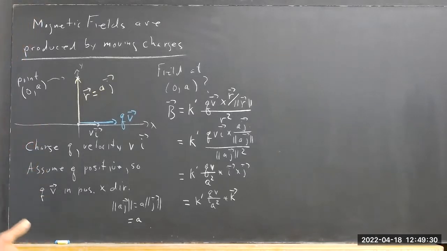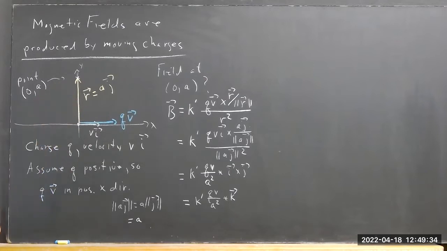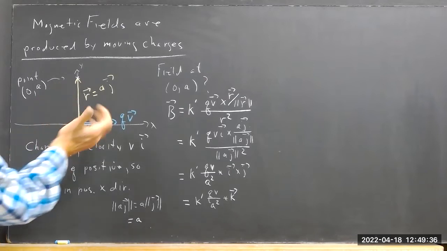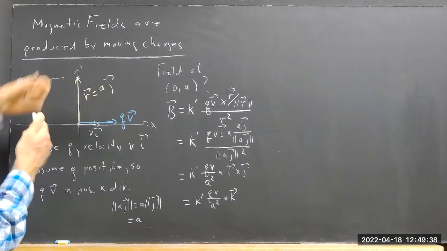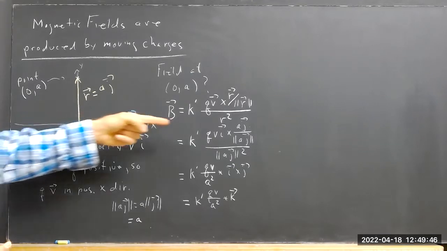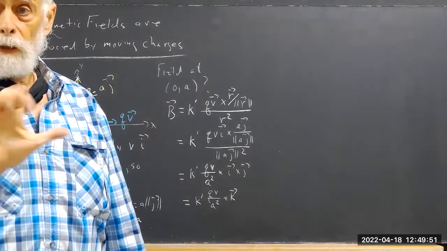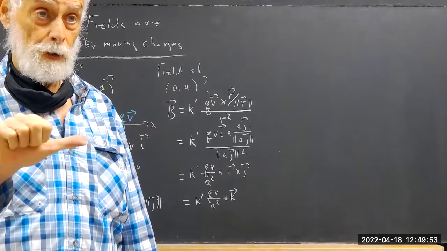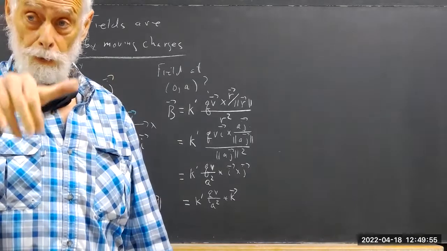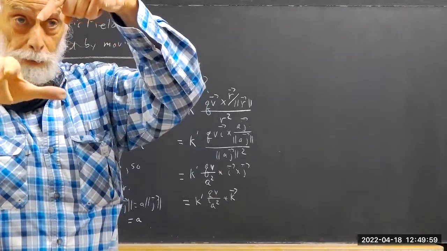The cross product of QV and R is out of the board. So your magnetic field is the cross product of this and this, so it's out of the board, right? If your charge is moving in this direction, then watch this. If you put your thumb in the direction of the charge, then your fingers, when you get up here, point in this direction, right?